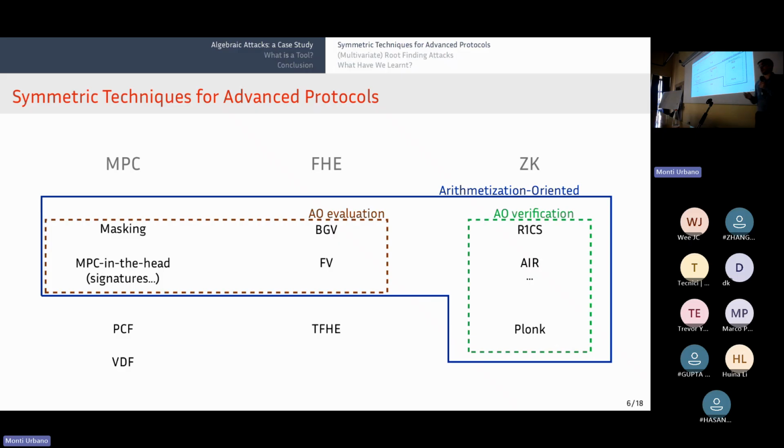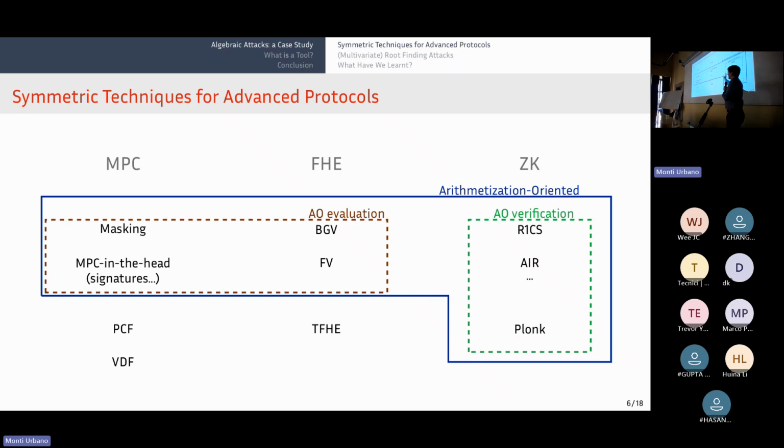However, if y is the cubic root of x, you also have that x is equal to y cubed. And in the case of verification, you know y. So instead of checking that y is equal to the cubic root of x, you will check that x is equal to y cubed. This is only relevant in this case because what you're doing is verification and you know both the input and the output. And you have an implication here.